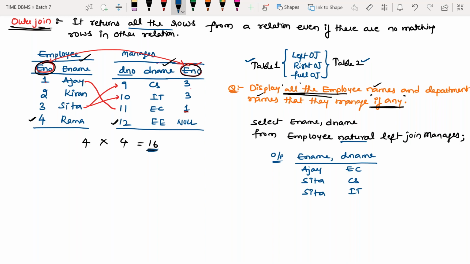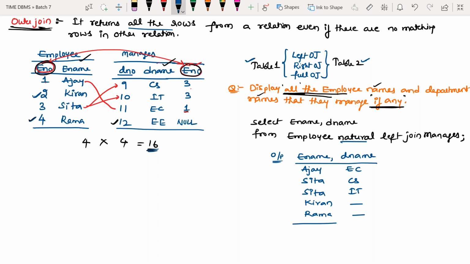And here we do have two other records, Kiran and Rama. Kiran and Rama do not have any matching records. Still, it requires showing those tuples in the output. Kiran is not matching with any manager's record, so this is to be displayed with null. And Rama is also not matching with any tuple. This is to be displayed with null.